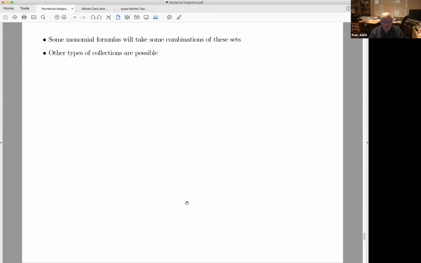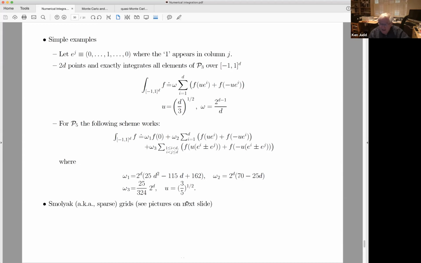And then some monomial formulas will take combinations of these. And this is done in higher dimensions, where you pick a good set of points, not tensor product, but a nice collection of points that has some geometrical structure like that. And then you pick their weights, etc., and it works.